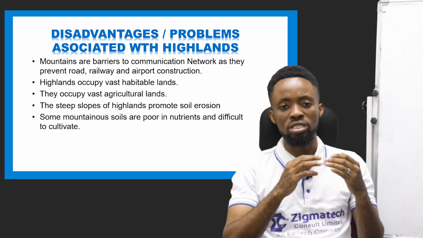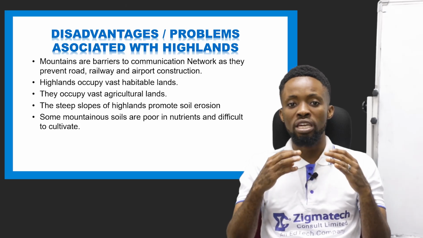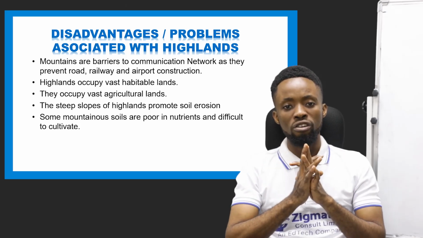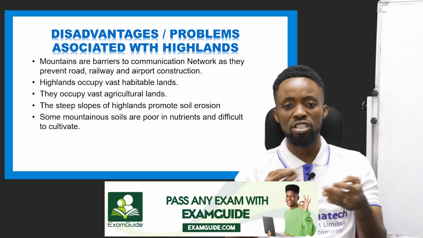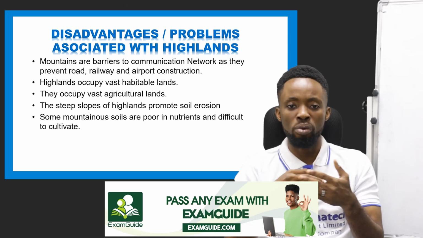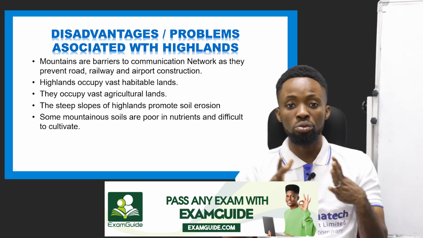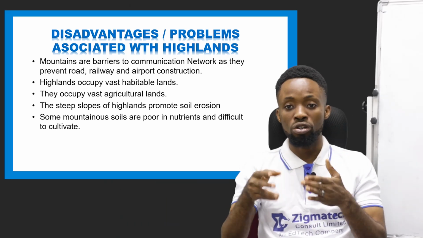And number two is that highland areas, they actually occupy a vast area of land that could be used for residential purposes. So lands that humans can easily occupy will be occupied by these enormous rocks, that is in form of a mountain or in form of a plateau.